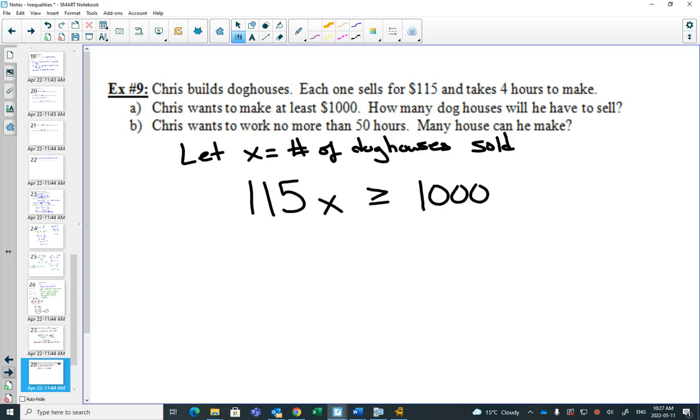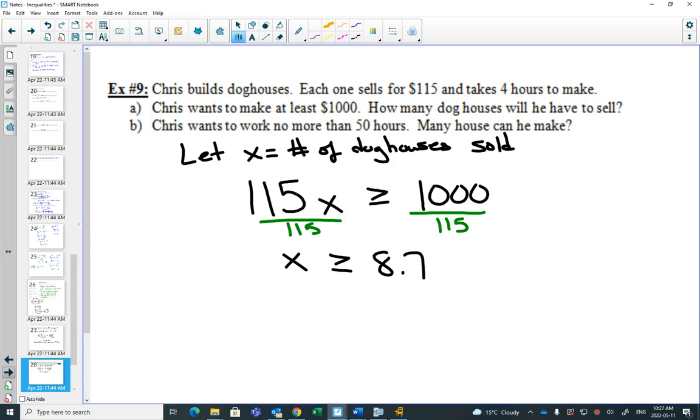This has to be greater than or equal to 1,000 if he wants to make at least 1,000. So we divide both sides by 115. We go to our calculator. 8.7.